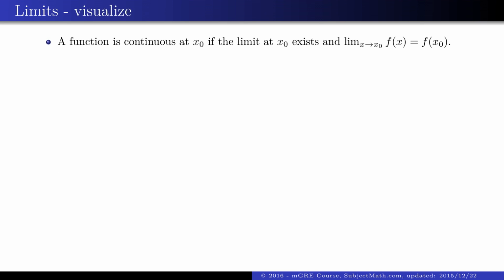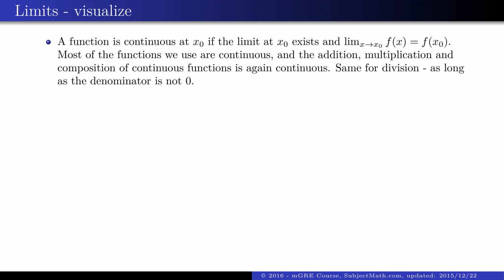For a continuous function, the value of f at x null is relevant, and it must be equal to the limit. That is why continuous functions are good when visualizing limits by sketching a graph. Lucky for us, most of the functions are continuous, and we can apply different manipulations on them without ruining the continuity.